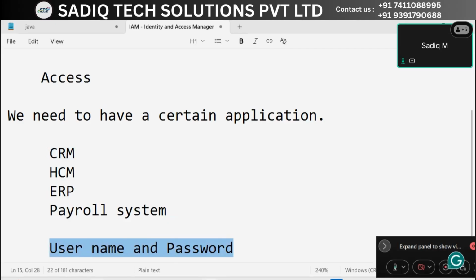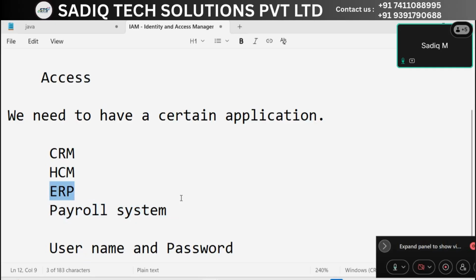Even in our organizations, we use one set of credentials to log in to internal portals, our payroll system and our timesheet system. So before IAM, each and every application used to maintain its own username and password: CRM, one set of credentials; HCM, one set of credentials; payroll, ERP, and some XYZ application.